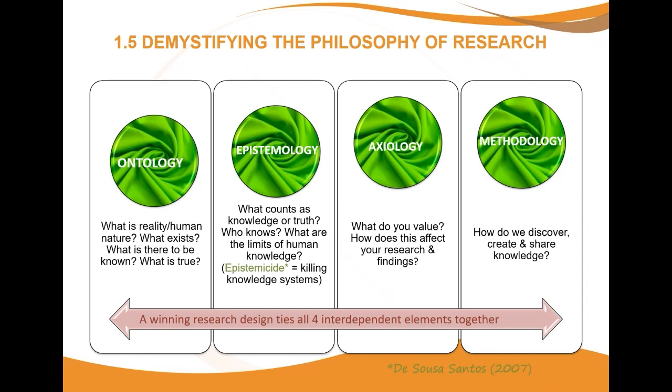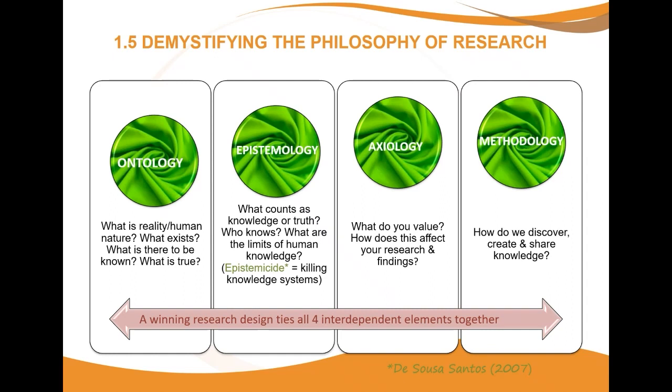Then I get my epistemology. It follows on my ontology, and it says, okay, given that I view reality in a certain way, what then counts as knowledge or truth claims? Who is the knower? Who knows? How do I know?